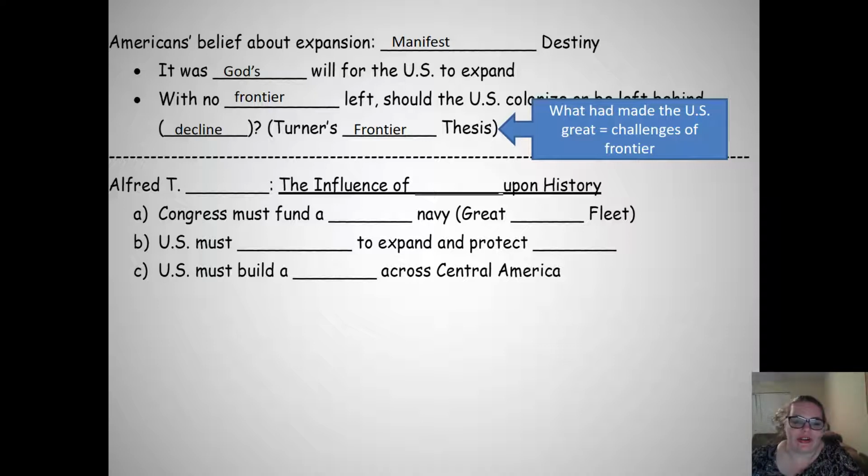How do you function there as a society? And eventually, we've got continent to continent. How do we keep people connected? And what America had done was find ways to deal with those problems, from steamboats to transcontinental railroads to telegraphs and telephone lines. We had found ways to deal with the challenges of the frontier.